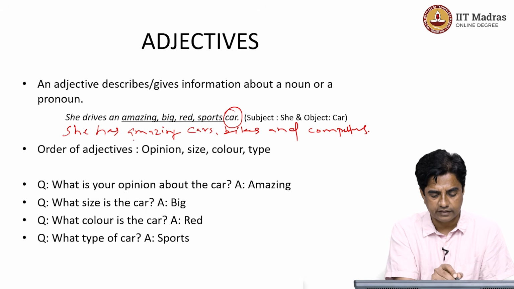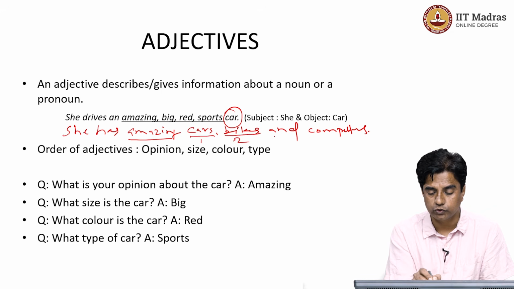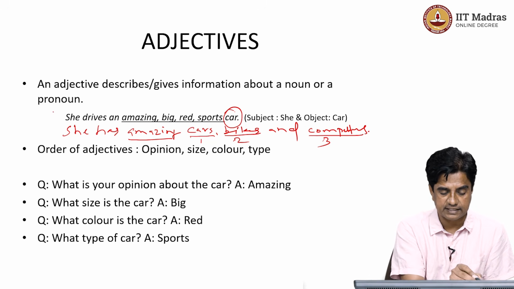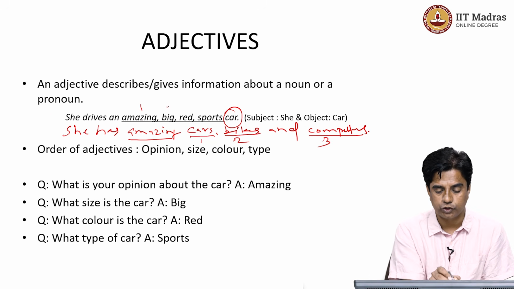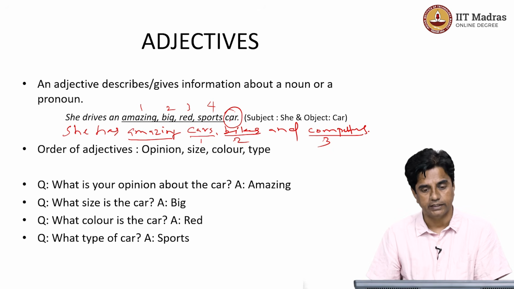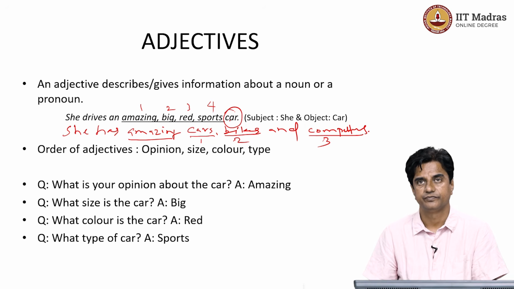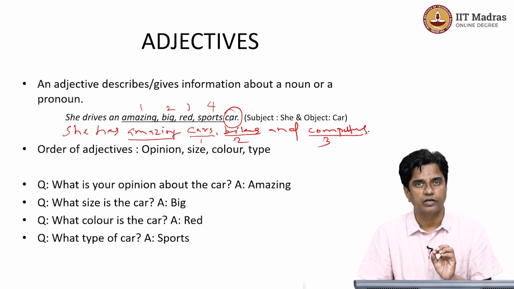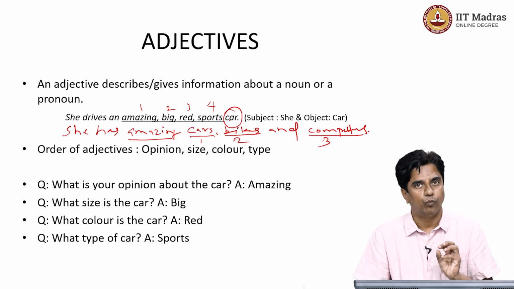Here we have only one adjective, amazing, which is modifying one, two, and three nouns. Here in the first sentence, you have one, two, three, four adjectives modifying one noun. In the second sentence, you have one adjective modifying three nouns. So this is one simple piece of information, but a relevant one for us to understand what an adjective is and what its role is in a sentence.